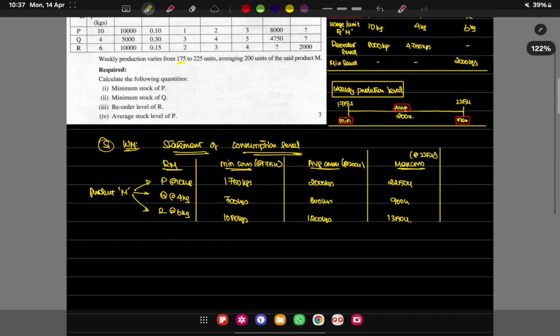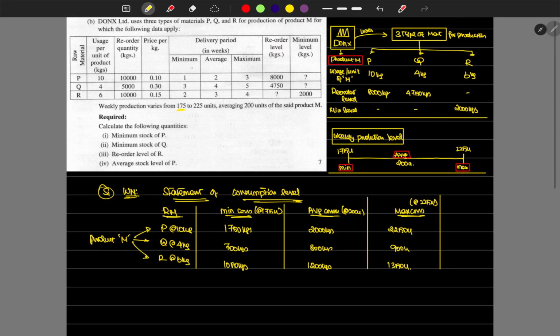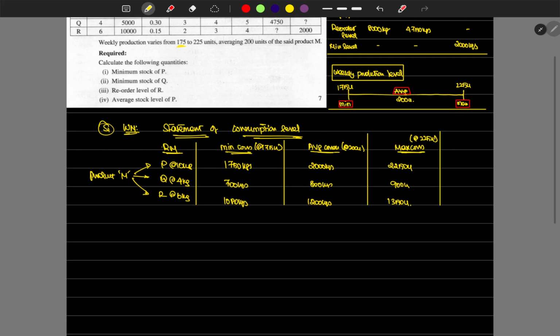Now we have the minimum, average, and maximum consumption, and we have the reorder periods and reorder levels. Whatever figures we require to find all the stock levels, we have found. So let's jump into the requirements actually asked in the question, starting with the minimum stock level of P. What's the formula?